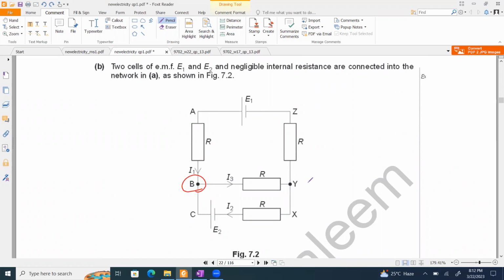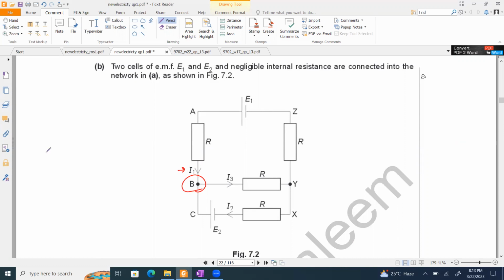Now, see which current or currents are reaching a junction, I mean, reaching B. If we talk about I1, is I1 reaching B or leaving B? Reaching B. I2 reaching B or leaving B? Reaching.